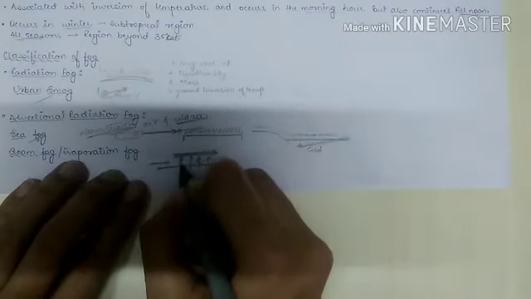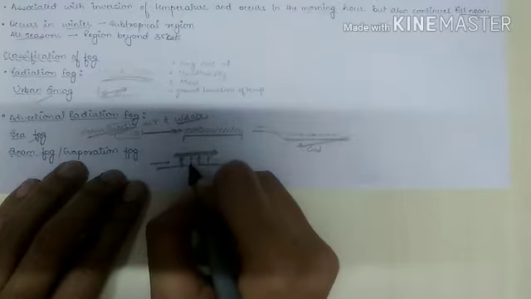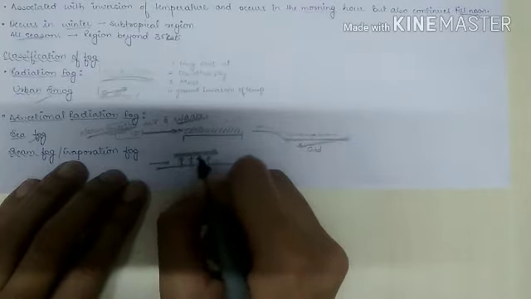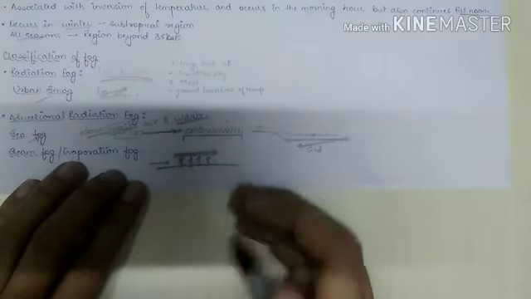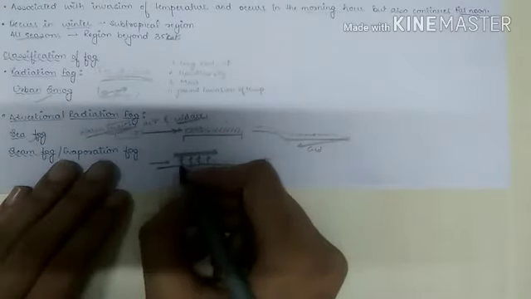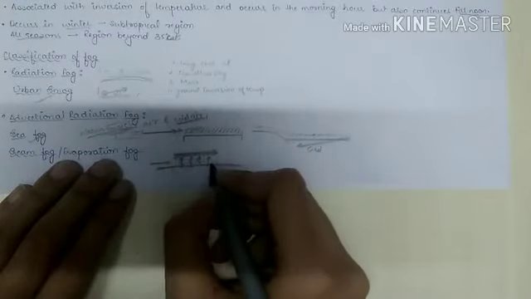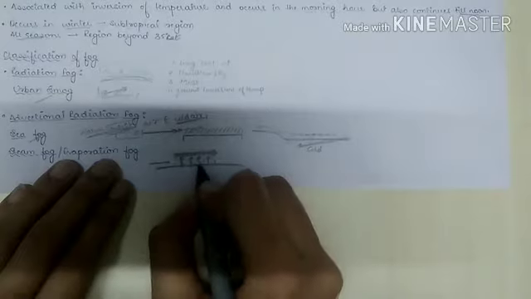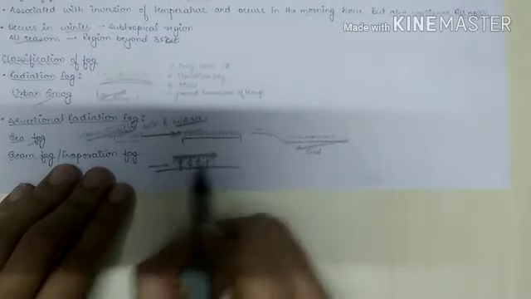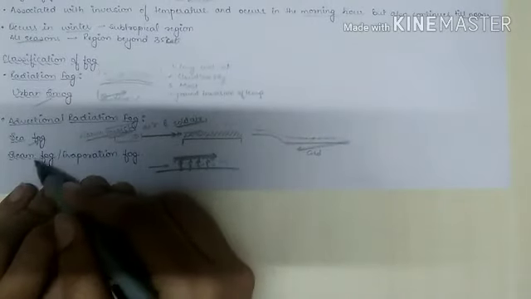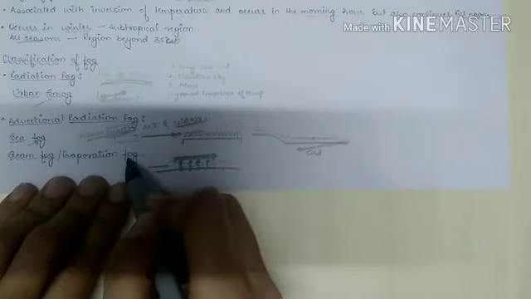As these rising water vapors condense, it looks like steam coming from the water surface, and hence this type of fog is known as steam fog or evaporation fog.